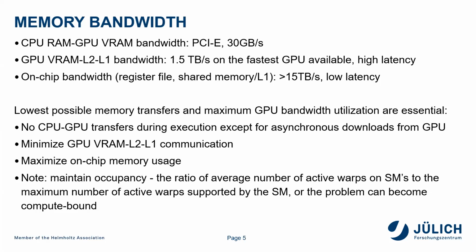And this can reach like 1.5 terabytes per second on the fastest GPU available, which is the DGX A100. But this has a high latency, and there are multiple techniques that GPU vendors use to alleviate it.